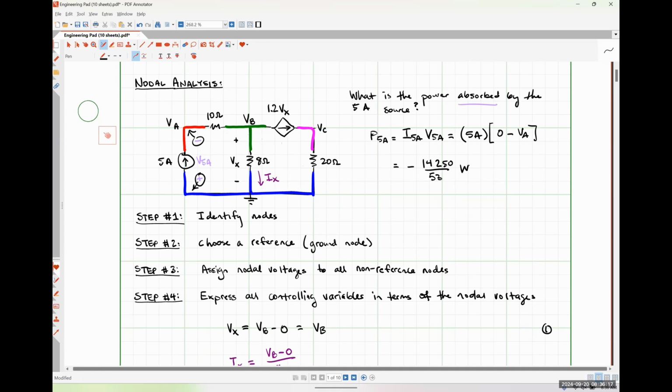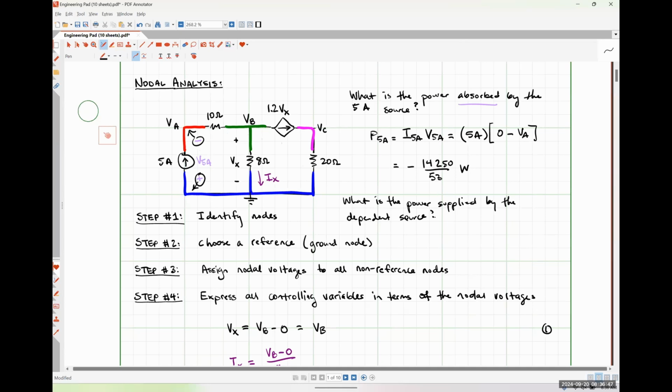If I wanted the power supplied by the dependent source, what would I need to do?